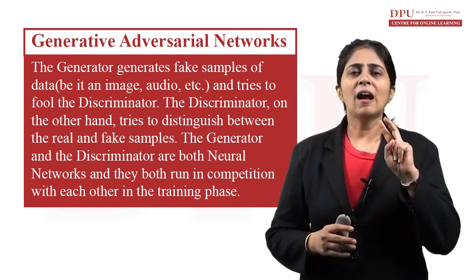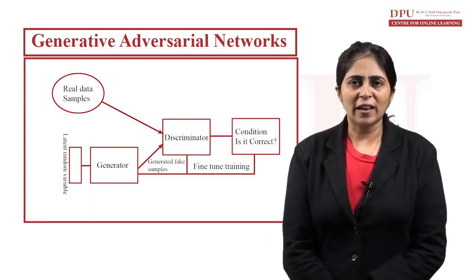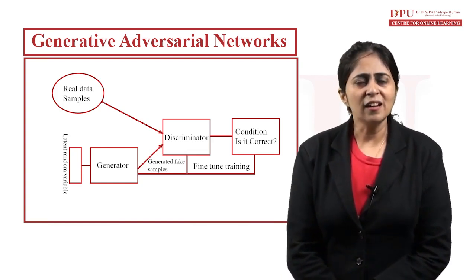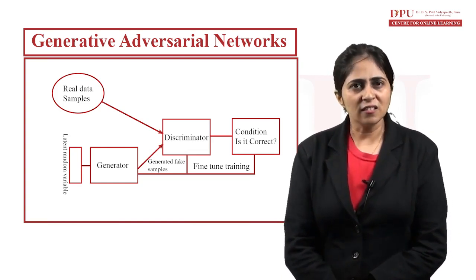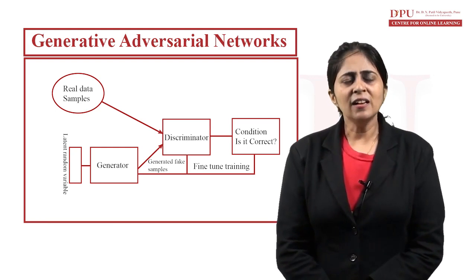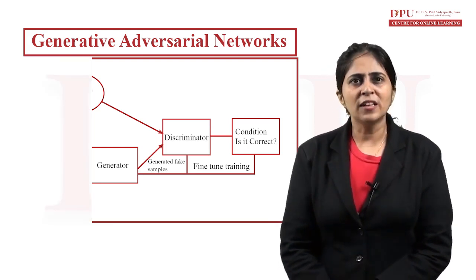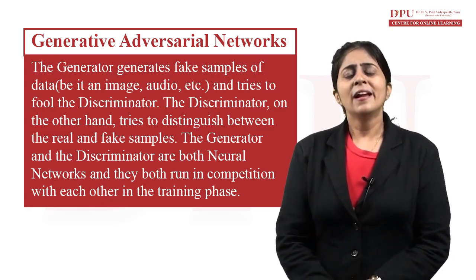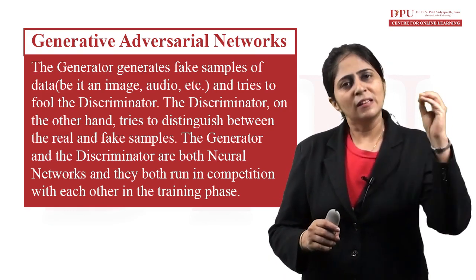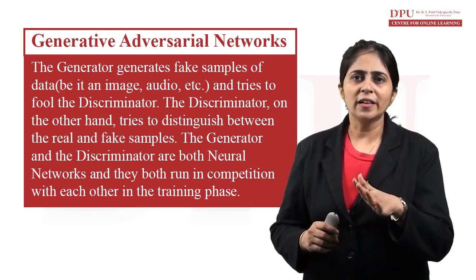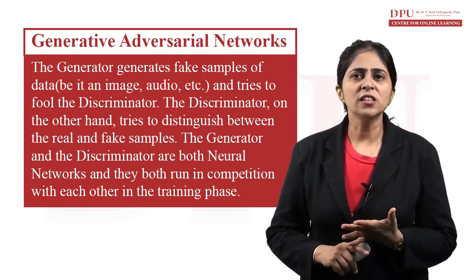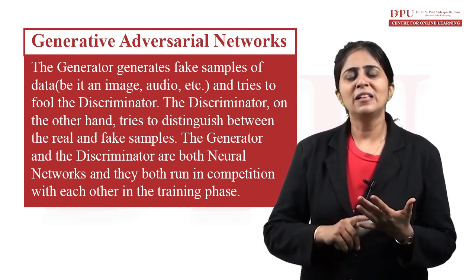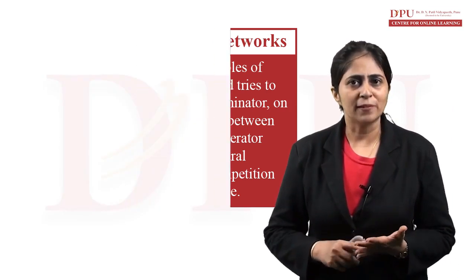So here we are using two neural networks together, one is the generator and another one is the discriminator. The generator generates fake samples of data, and the discriminator is provided with the real data samples as well as fake data samples, and its function is to distinguish between these two kinds of samples.